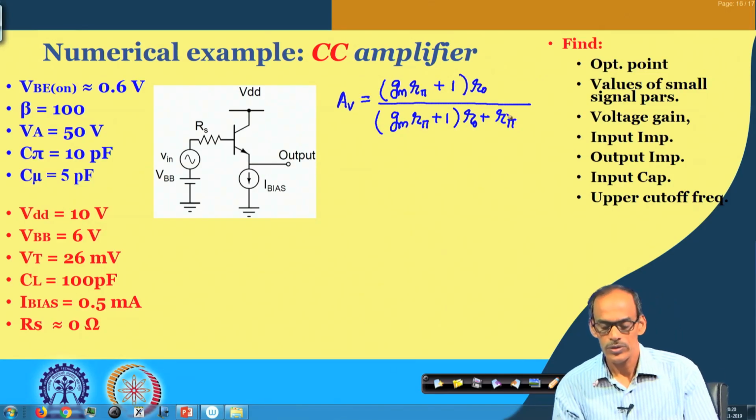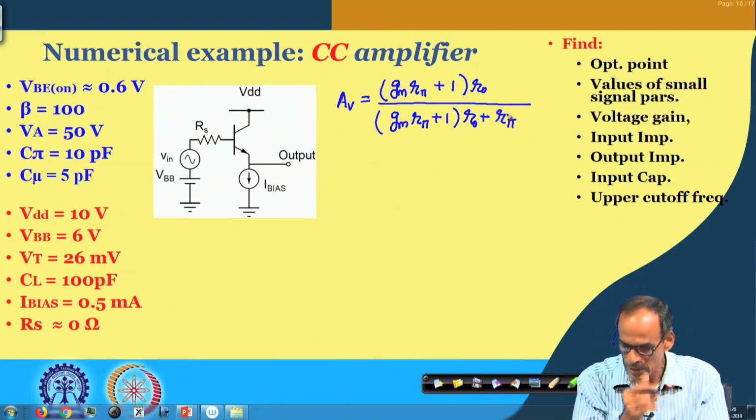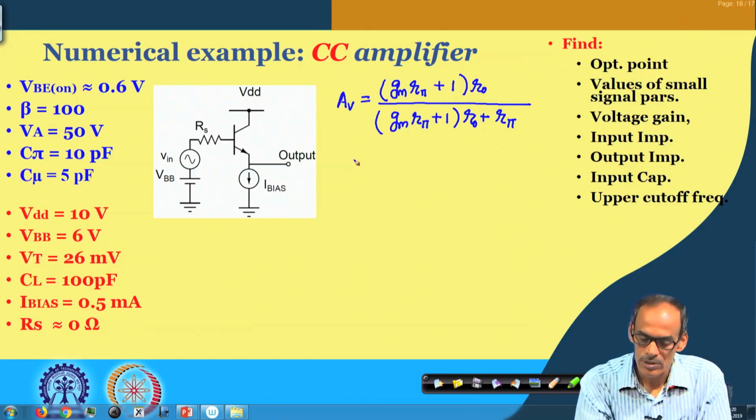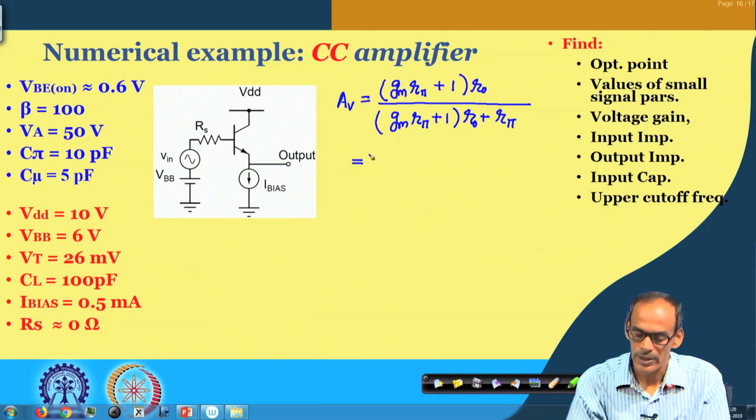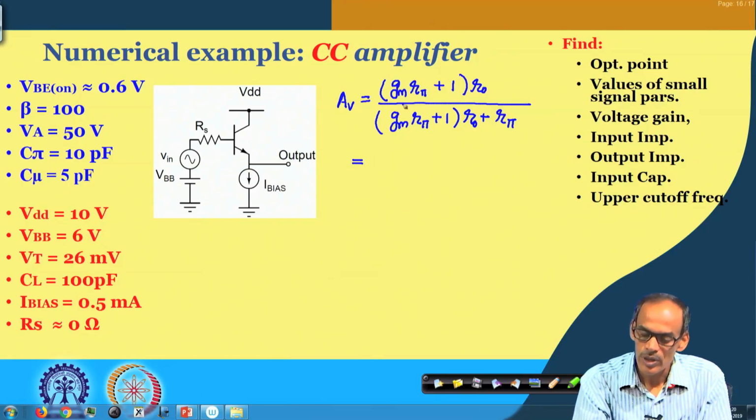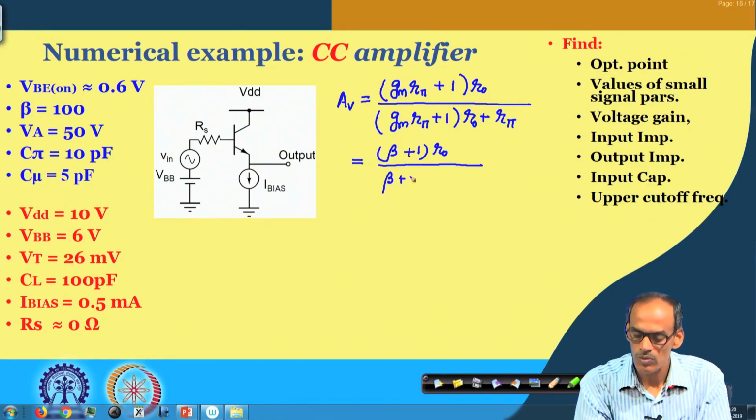This is the correct one. So, now gm into r pi equals beta, so we have beta plus 1 into r naught, and in the denominator we have beta plus 1 into r naught plus this r pi.